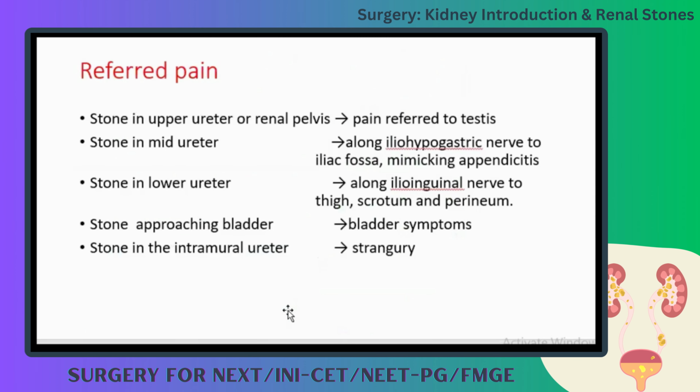This is done. Okay. So what is this concept of referred pain, and why should you know that? What is referred pain? Pain at a non-problematic site, where the problem doesn't lie.